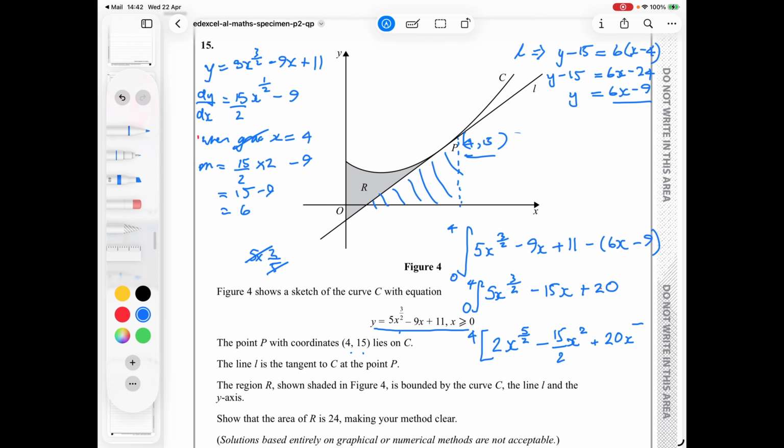And you don't actually have to put a c, because we've got definite limits to put in. Now let's put that in.